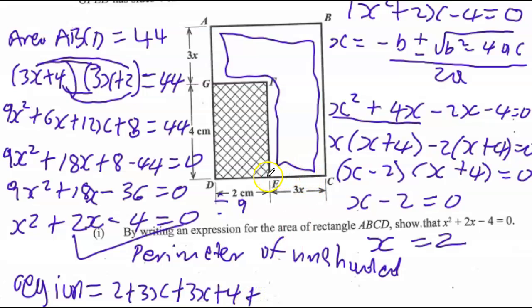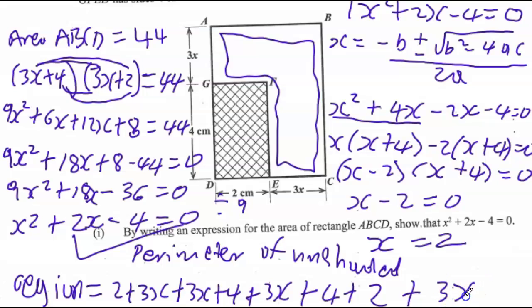plus this length EC, which is 3x, plus FE, which is same as GD, 4, plus GF, same as DE, 2, plus AG, and AG is 3x.